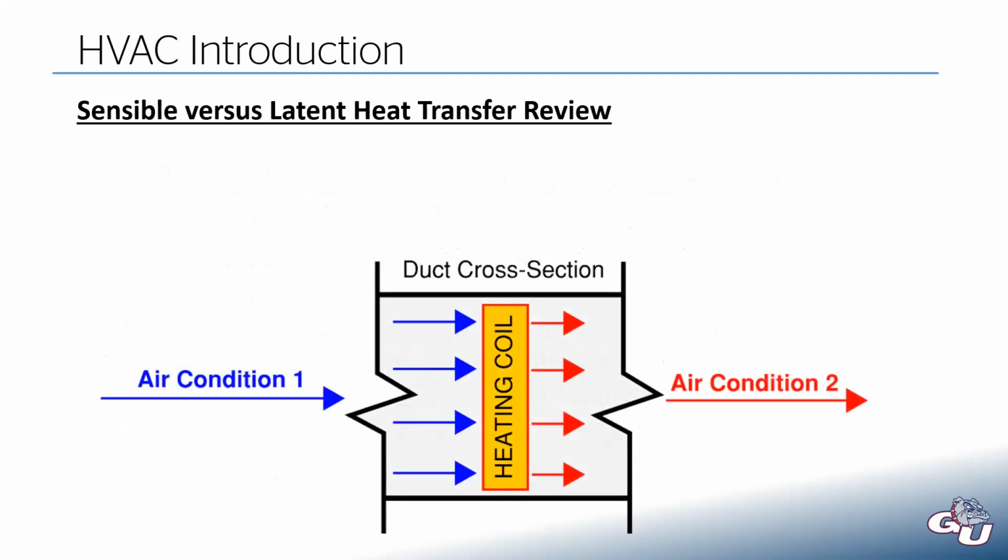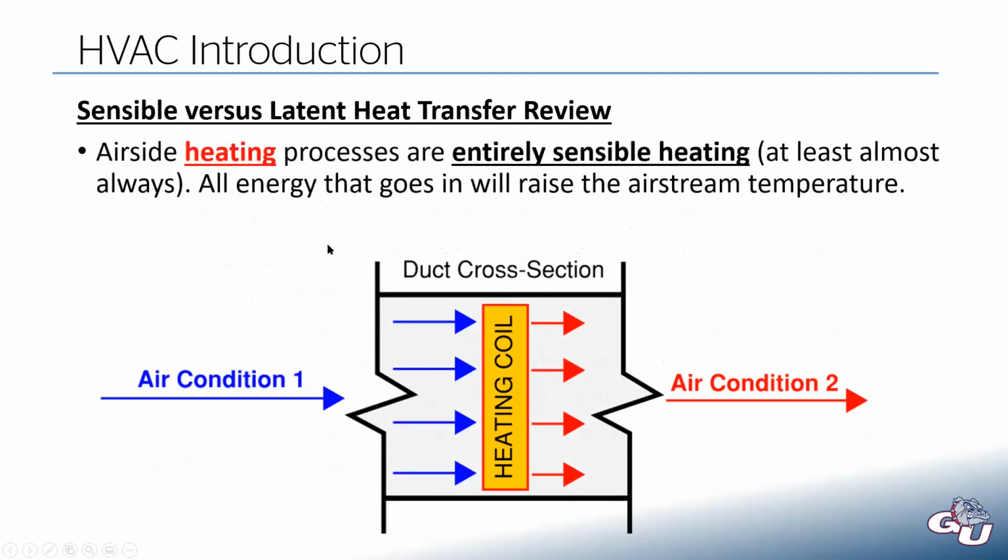So if we have a heating coil, this is a cross section of a piece of duct or within an air handling unit. Any airside heating process is going to be entirely sensible heating, at least almost always. In this class, assume that to be true.